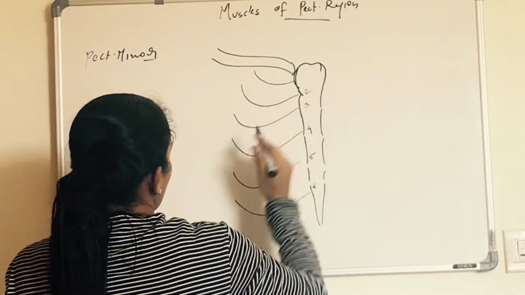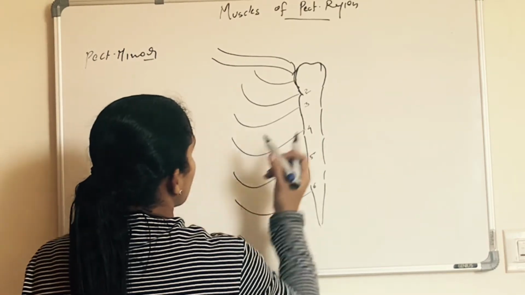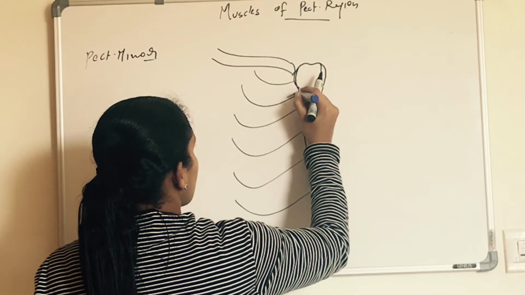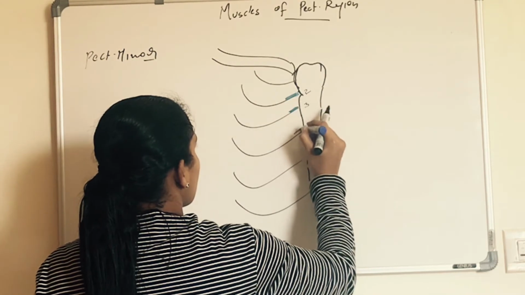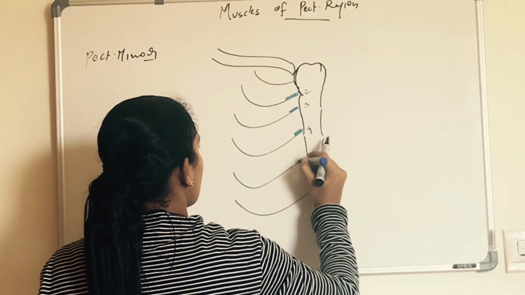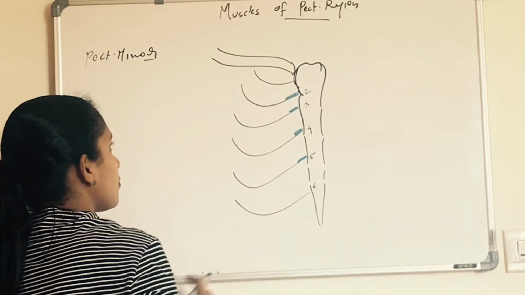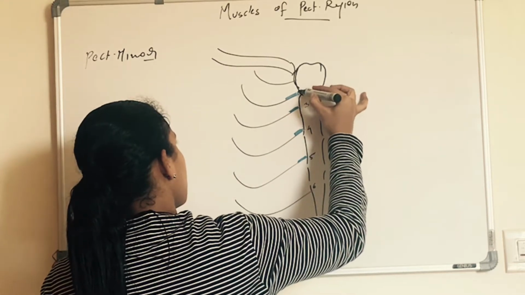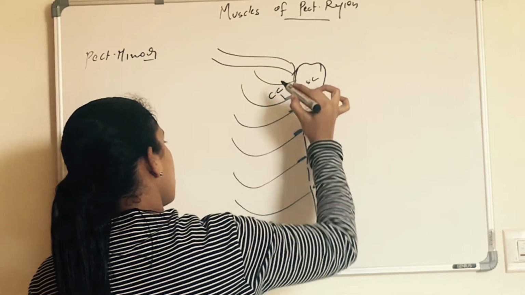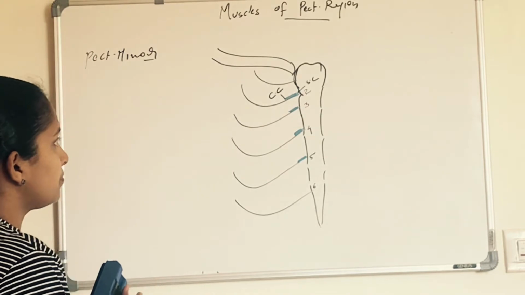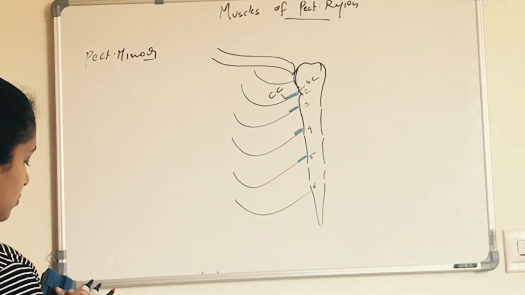And what is between the ribs and the sternum? We have costal cartilages. This costal cartilages helps to attach the ribs with the sternum, and the junction between the cartilage and sternum is sternochondral joint. Between rib and cartilage is costochondral joint.